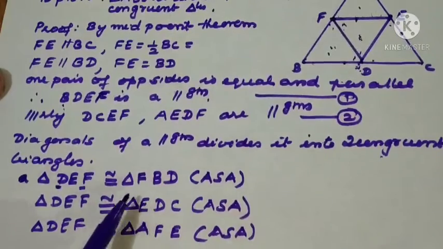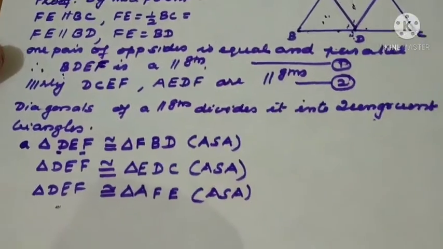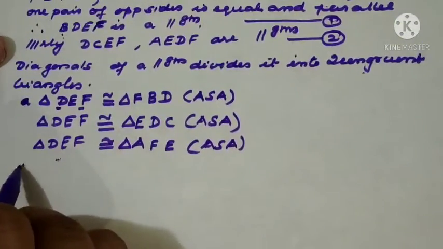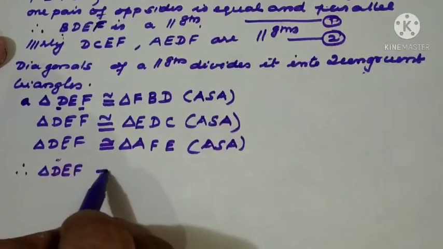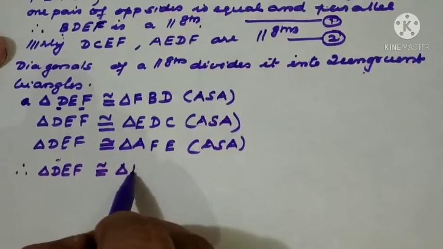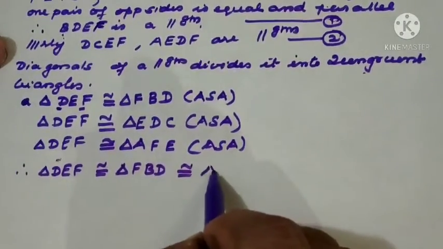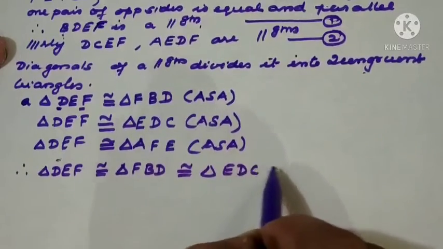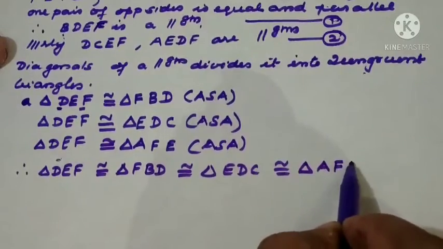From this, if you check LHS, we got the same only. So that means these three triangles are congruent to one triangle. This shows that all are congruent to each other. That means what we can write here? Triangle DEF congruent to triangle FBD, congruent to triangle EDC, congruent to triangle AFE.